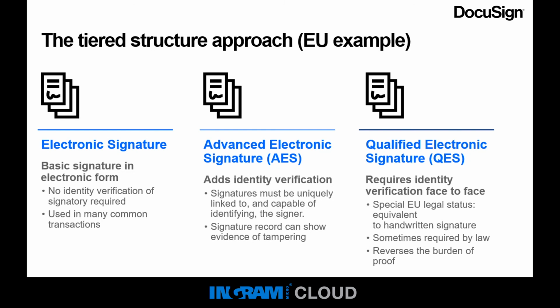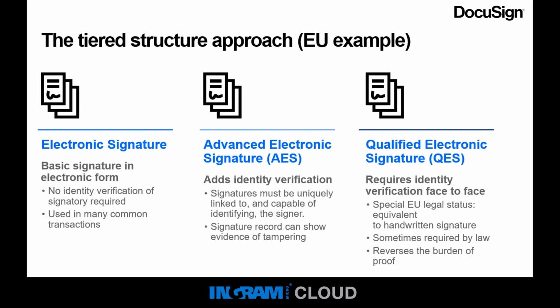Now, some transactions are going to require an advanced level of signature, and this is where AES comes into effect. Just think that AES is adding the identity verification. So you're now going to have to prove who you are when you're signing the document.